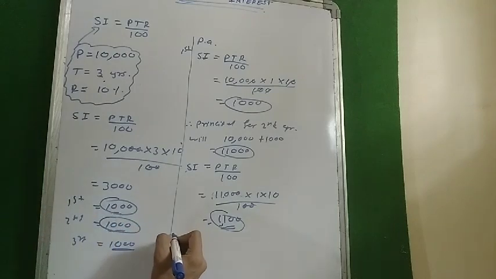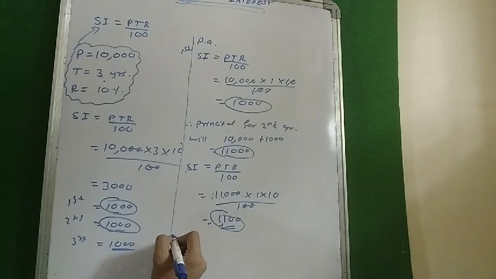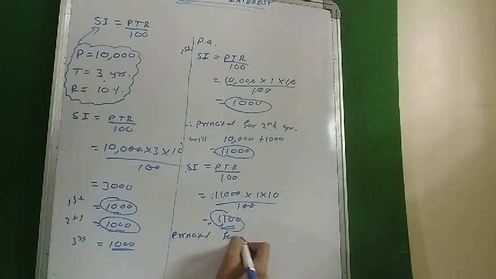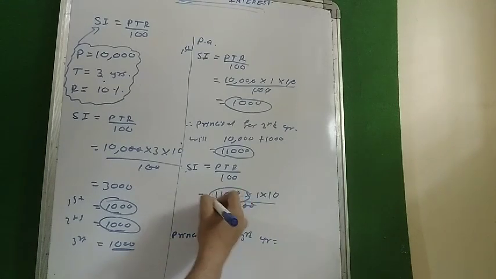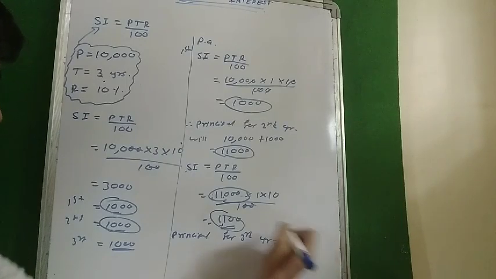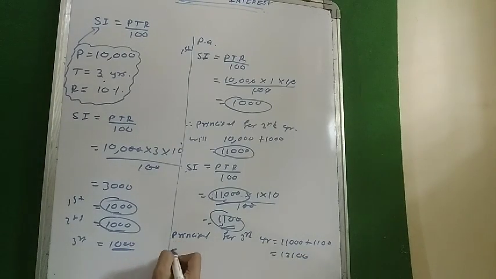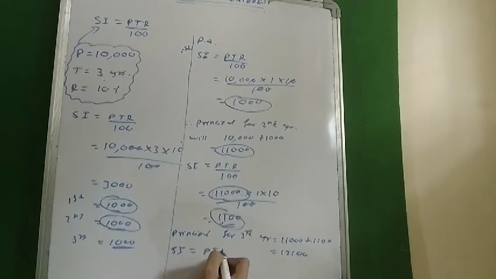Okay. Again, third year. The principal for the third year will be the principal of the previous year plus the interest. So I will have 12,100. Now the interest will be calculated on 12,100.